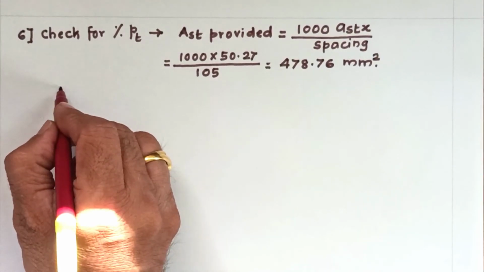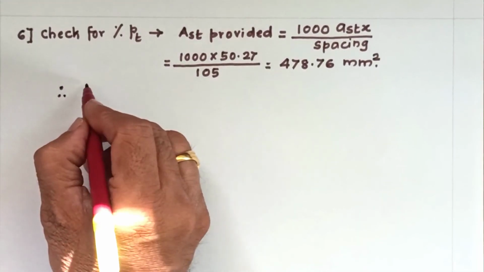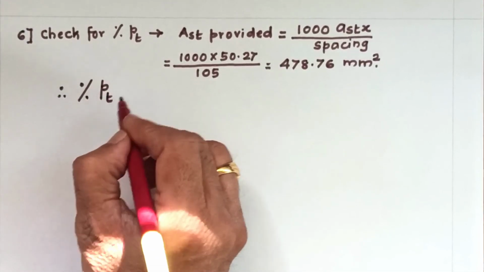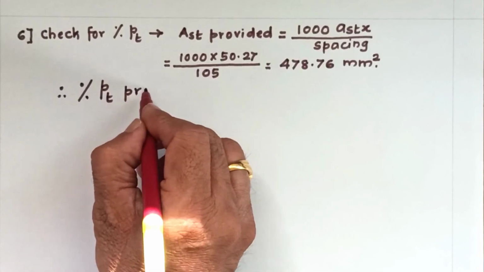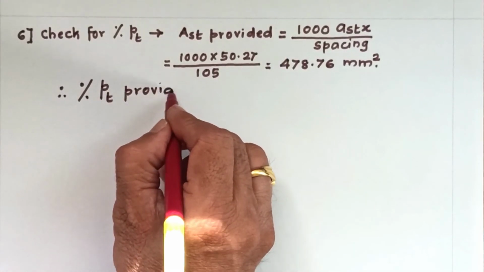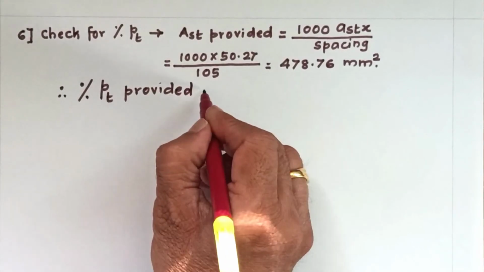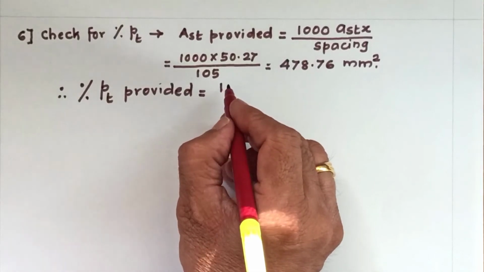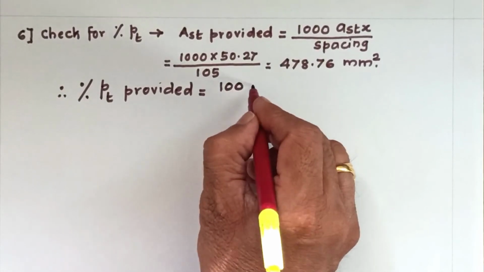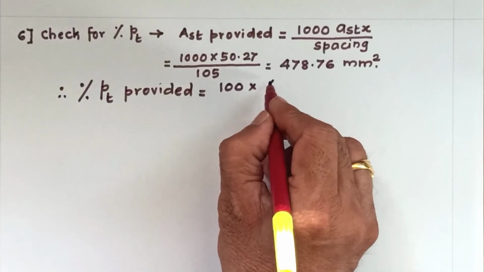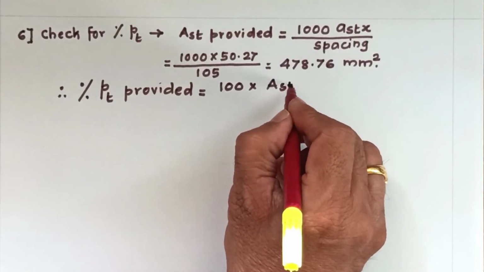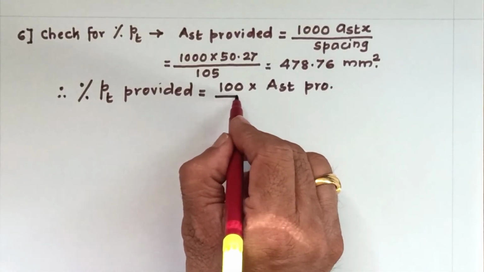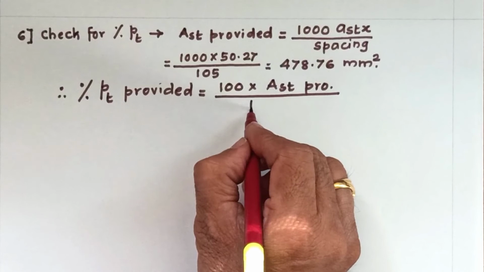Therefore, percentage PT provided is equal to 100 into AST provided upon BD.